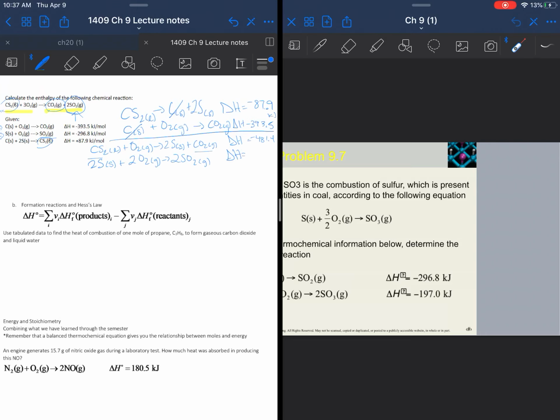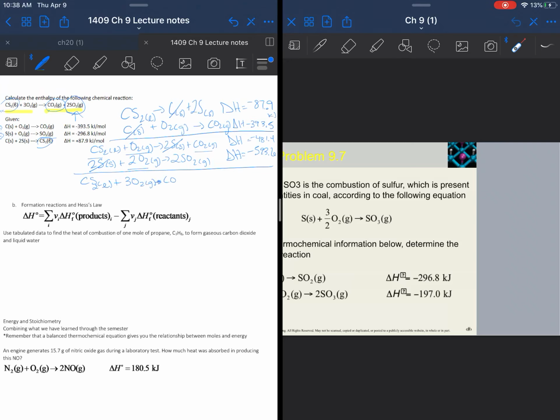So I'm going to have 2 moles of sulfur plus 2 moles of oxygen, yielding 2 moles of sulfur dioxide. Since I multiplied everything by 2, I have to multiply delta H by 2. That's going to be negative 593.6. Now let's add those together. You have 2 moles of sulfur on each side, so those will cancel out.